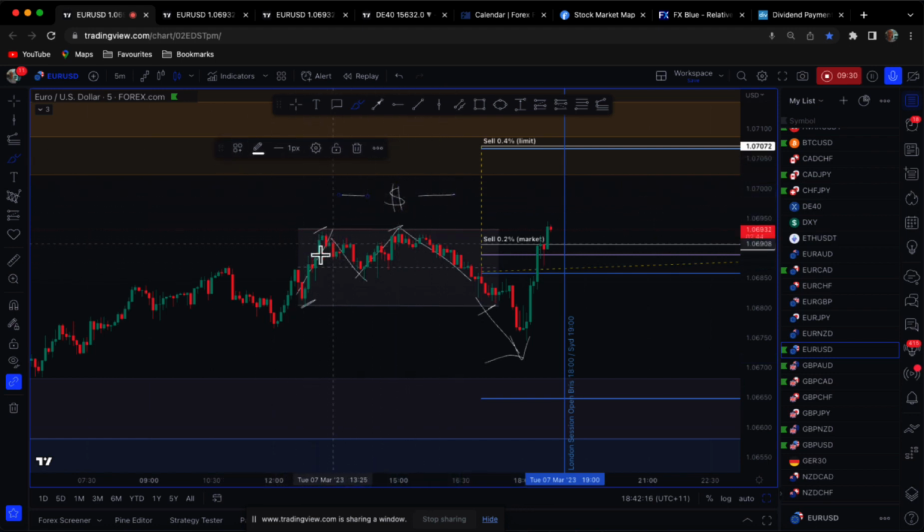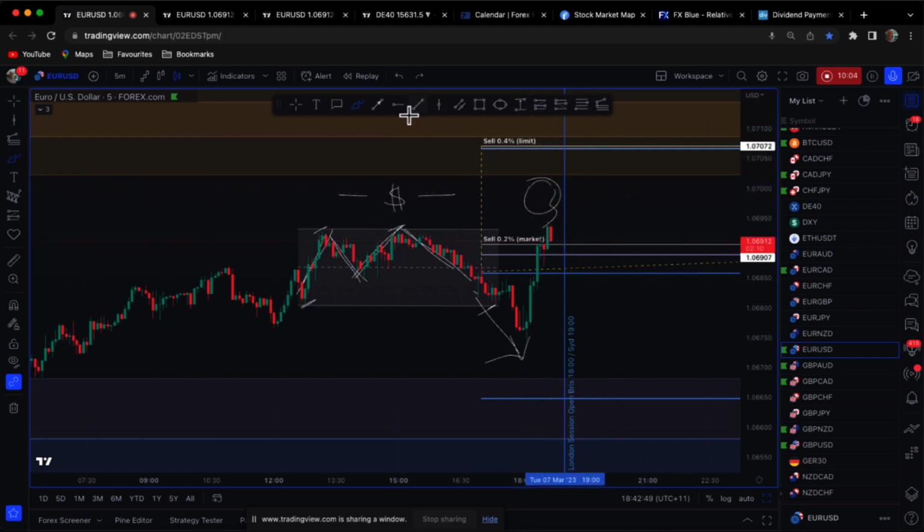So what this creates is liquidity above and below this range. We've got a ton of liquidity sitting up here, because I think there's probably a few traders looking to short this. So smart money will push this down and entice short traders in, more stops above, and then they take it up into this range up in here. So that could travel a little higher, and then we get the opportunity.